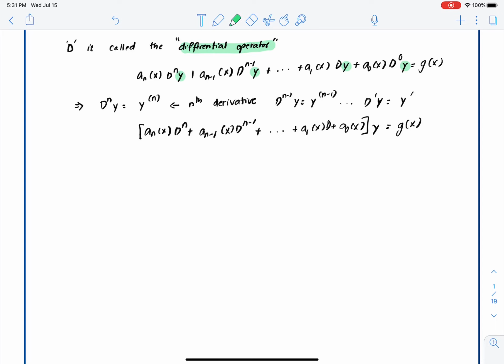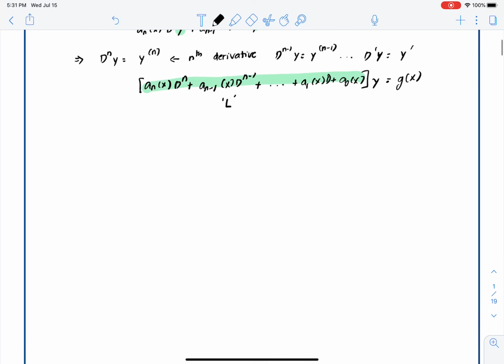That expression is, I believe your textbook calls it L, so I'll use the same notation, L. And that entire expression for L would form an nth degree polynomial with constant coefficients.